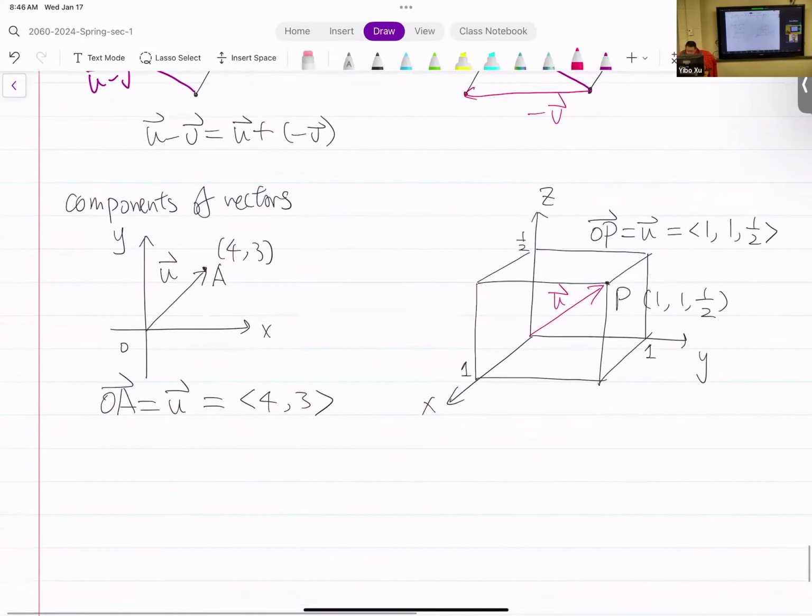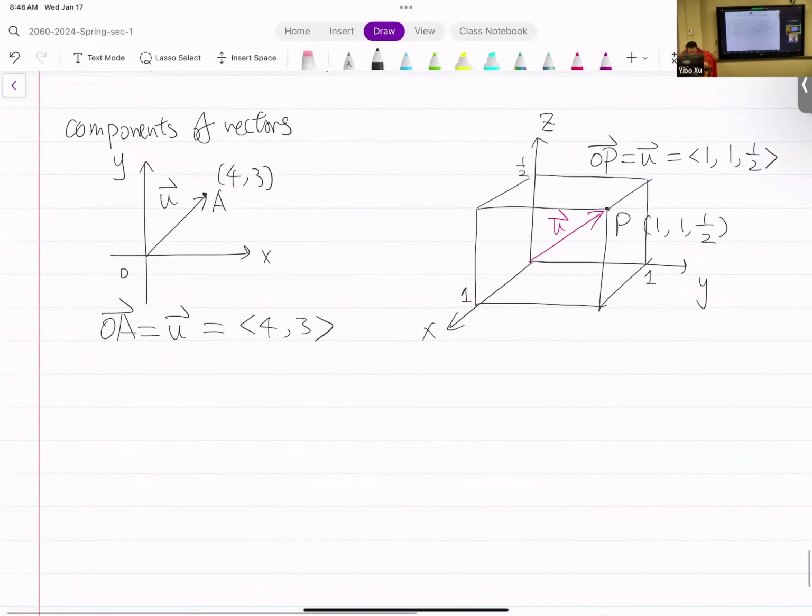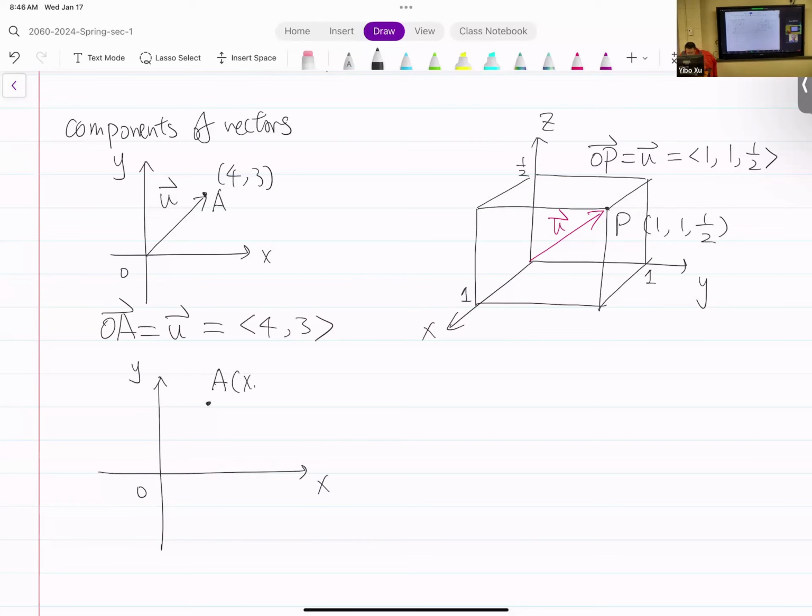All right. Now, what happens if we have 2 points that are not the origin? So let's say we have the point A right here, which has the coordinates x1, y1, and then I have another point B, which has coordinates x2, y2.